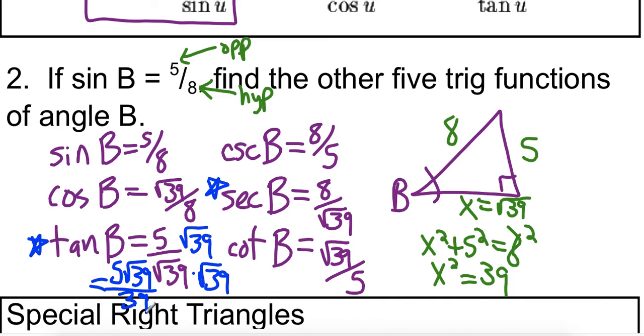For secant, I'm going to do the same thing, multiply top and bottom by root 39. So the secant is going to be 8 root 39 over 39. We do want to rationalize our denominators when we need to, and we only had to do it on 2 of those. In the next video, we will remind ourselves about special right triangles.